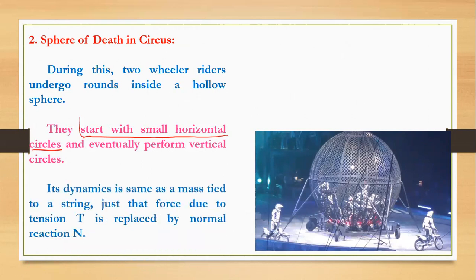Its dynamics is the same as a mass tied to a string. Only the thing is here, the force due to tension, T, is replaced by N. Instead of tension we have to consider the normal reaction exerted by the surface of the sphere of death.